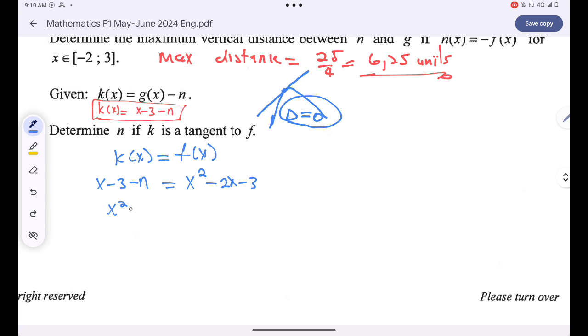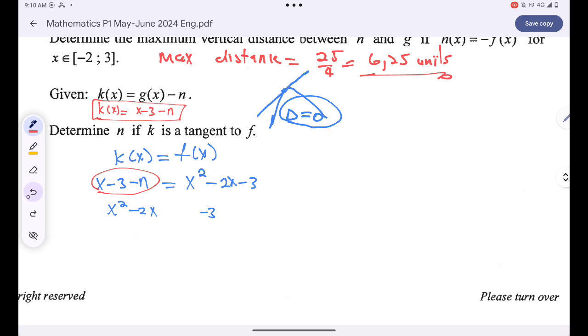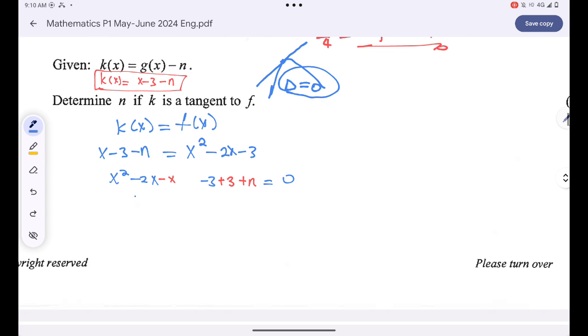I'll simply have x squared minus 2x minus 3, and then I'll bring these to the other side. Whenever I do that, they change sign. So the positive x becomes negative x, the negative 3 becomes a positive 3, and the negative n becomes a positive n. And please note that this is equal to 0. I'll be left with x squared minus 3x plus n equals 0.